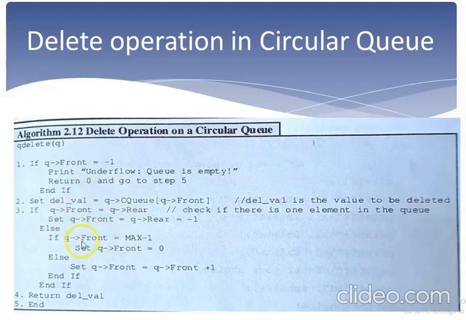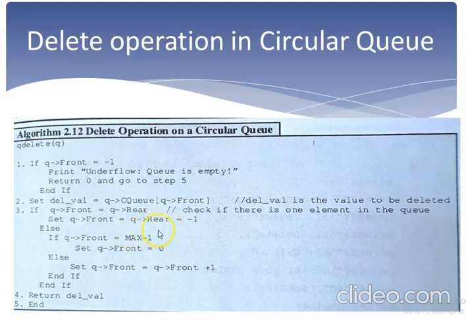In that case, we have to check whether the front is pointing to max -1. That is, front has reached the end value of that list. Then we are taking the end value from there. Then we have to advance this pointer to the next location.